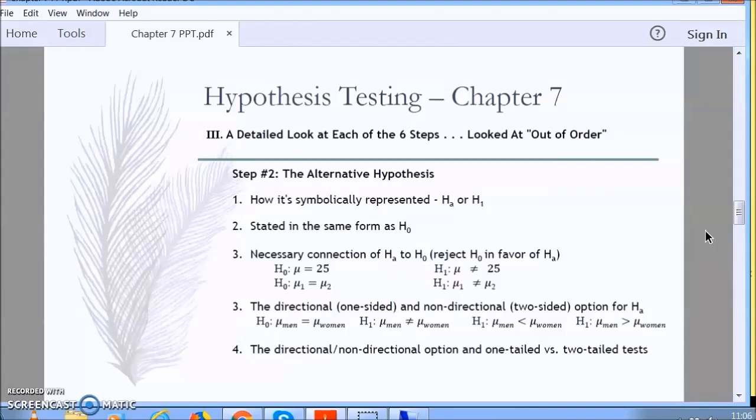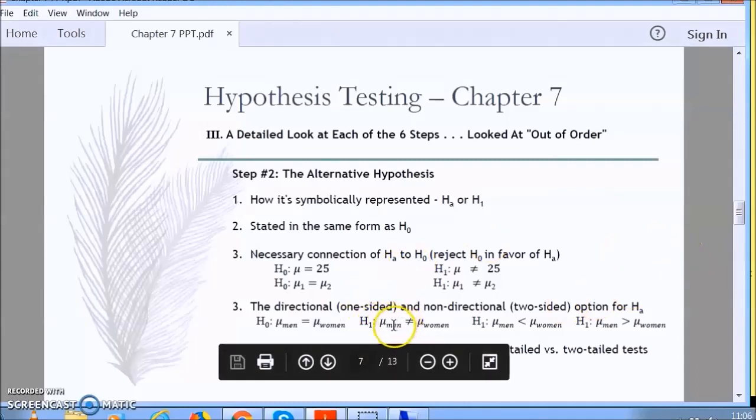But your alternate hypothesis is P1 minus P2 is not equal to 0, which is a non-directional alternate hypothesis. In the same way, mu man not equal to mu woman is a non-directional, two-sided hypothesis.